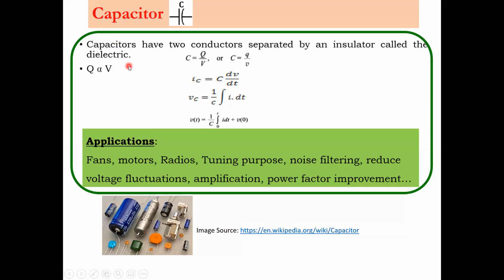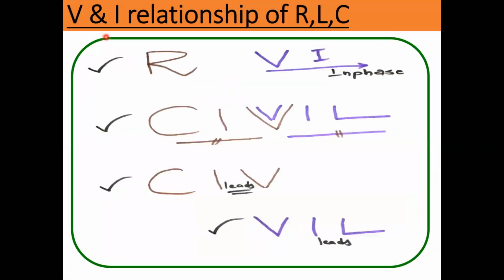I remember that from the first slide itself. Next, these are the final conclusions. Remember these things: voltage current relationships of R, L and C, resistor, inductor, capacitor. In a pure resistor, voltage and current are in phase. Is there any angle? No. Phi becomes 0. Try to remember this formula, CIVIL.